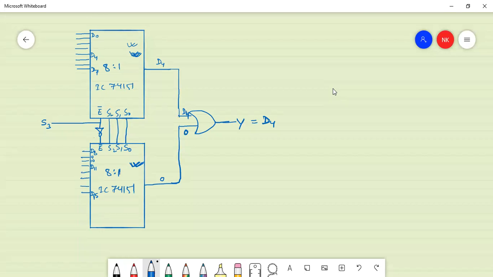In this way, we can see that a 16:1 multiplexer can be implemented or designed using two 8:1 multiplexers. Okay. Is it okay? Yes, sir.